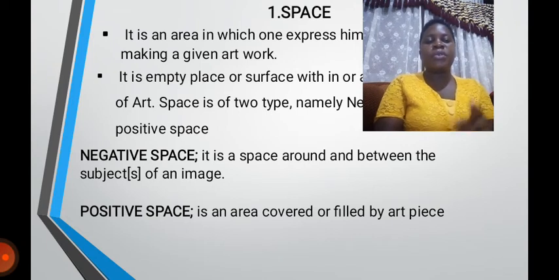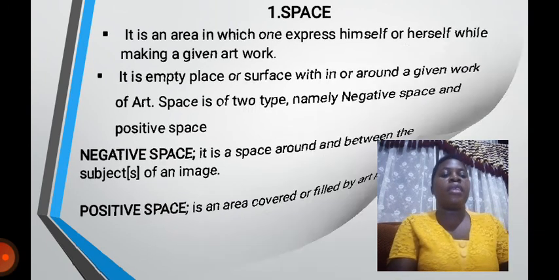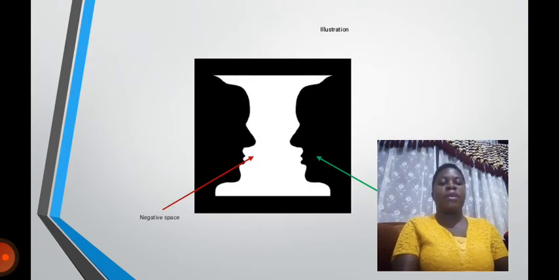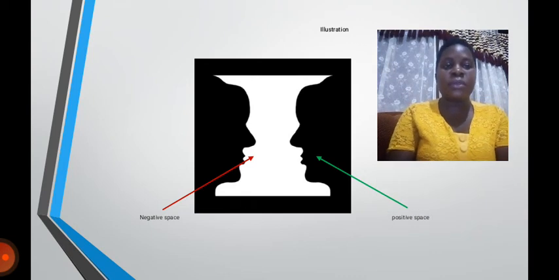Where the art piece is occupying is what we call positive, and where it is not filling is what we call negative. View that work. There is black and white. White, therefore, is not filling that area. Then black is where it is filling. So the black part is positive. Isn't it what we said? Filled by artwork. Then where it is not occupying, that is negative.